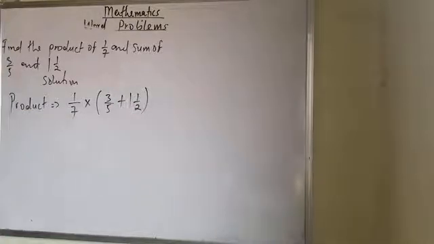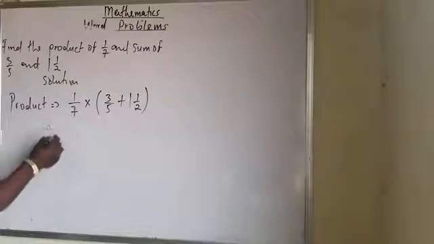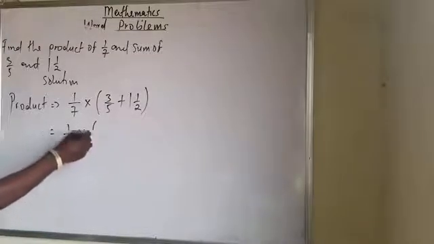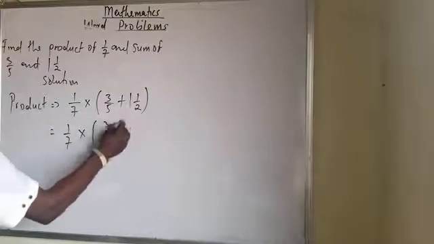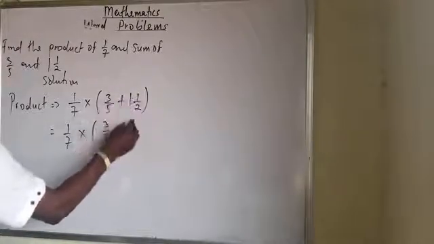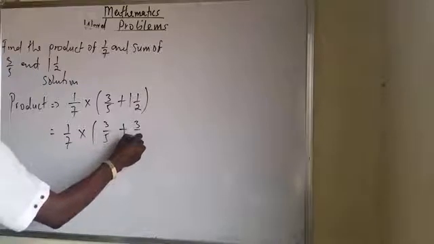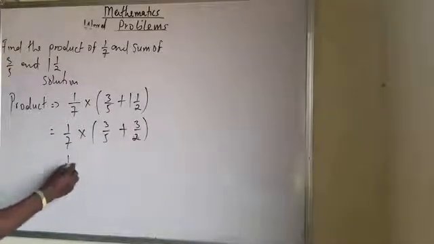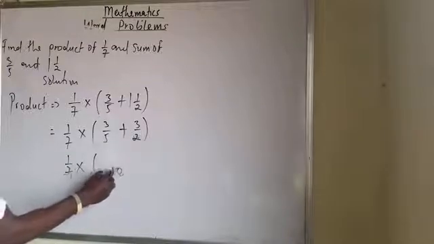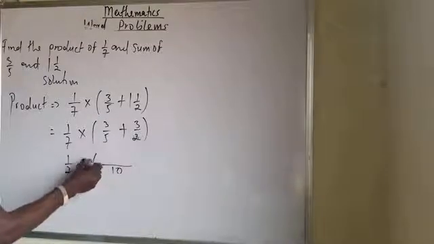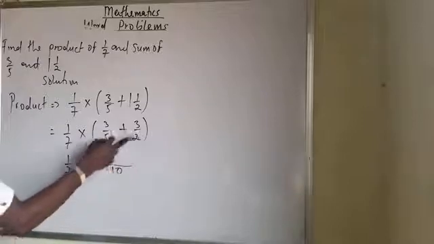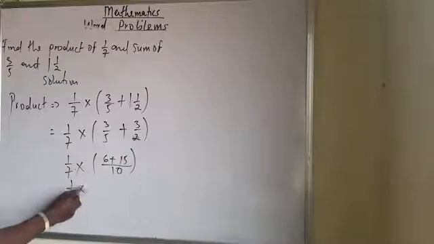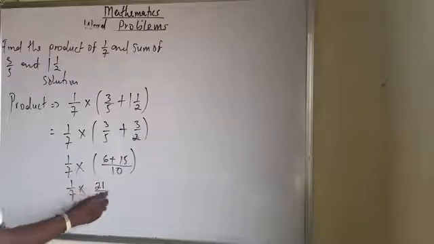Taking the LCM, which is 10, 1 over 7 multiplied by bracket of (2 times 3, that is 6, plus 5) over 10, which is 1 over 7 multiplied by 21 over 10.